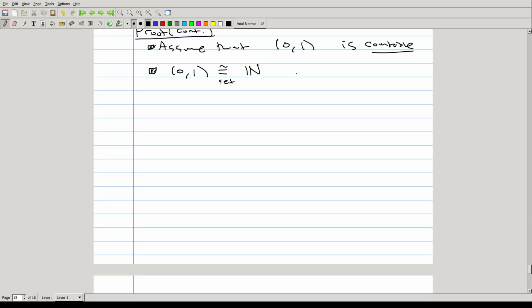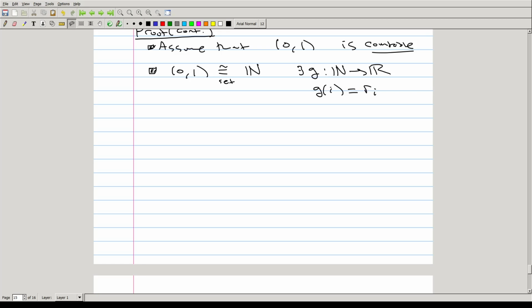And this means that we have a bijection from the set of all real numbers from 0 to 1 to the natural numbers, which essentially means that we can list out all real numbers in the interval from 0 to 1 against the natural numbers. Which means that there exists a function g, which is a bijection from N to the interval, such that g of i in N will be Ri, or the ith real number in this interval, and we can go back and forth.